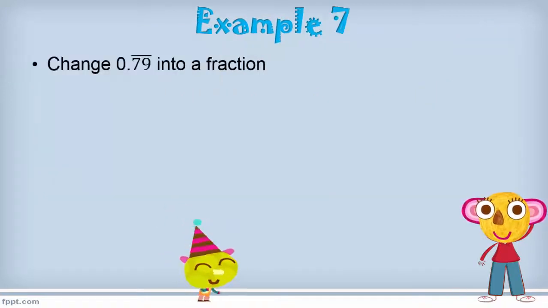In example number 7, we're asked to change 0.79 into a fraction. Now, of course, 0.79 has a bar over it, so it's 0.79797979 going on and on and on forever. Let us go over to the whiteboard and see how we would deal with a situation where the decimal is repeating two numbers.